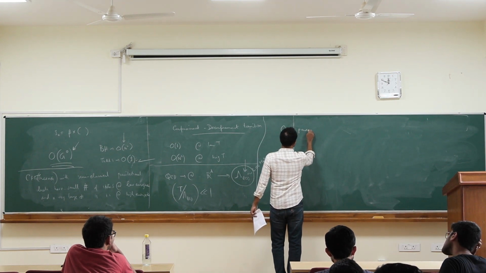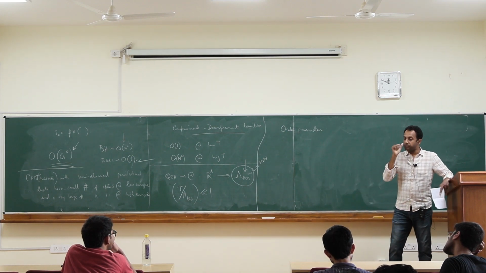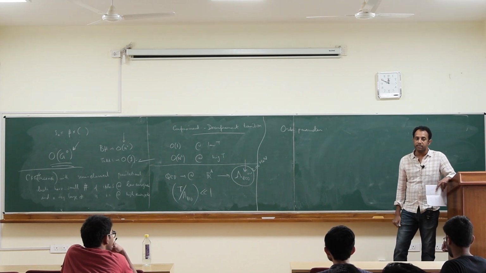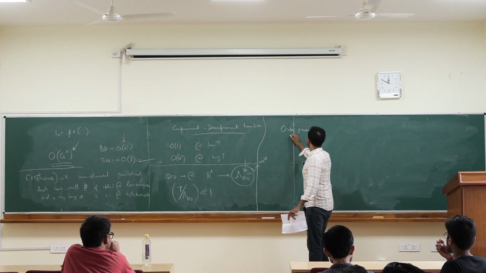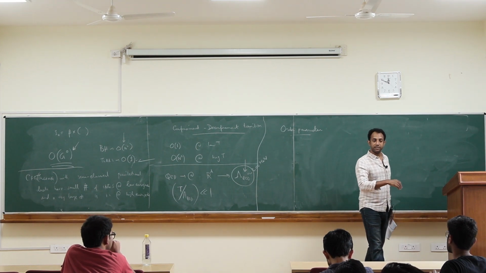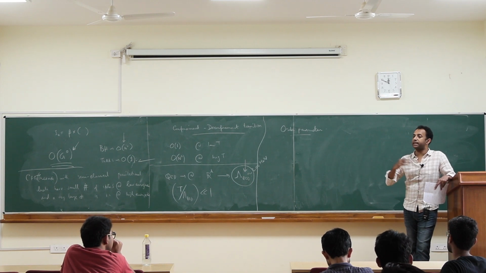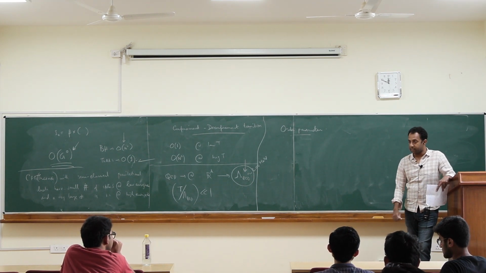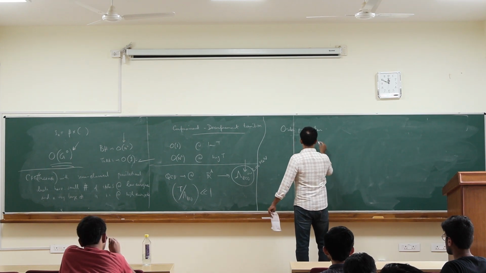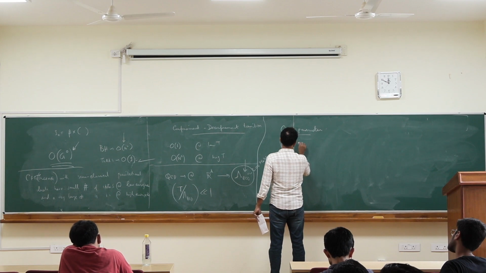An order parameter is just some expectation value that you might compute, which takes one value in one phase and another value in another phase. If you can identify this value, then you can recognize which phase you are in. There is an order parameter for this confinement-deconfinement transition, and it's called the Polyakov loop.